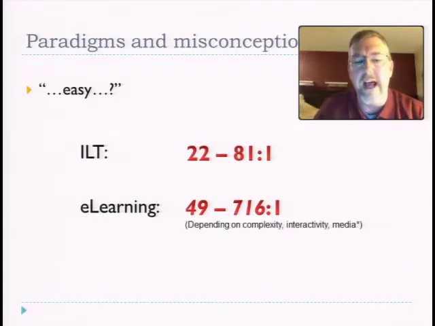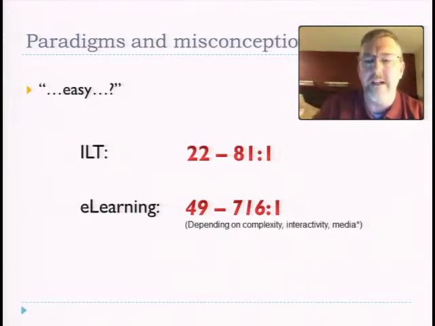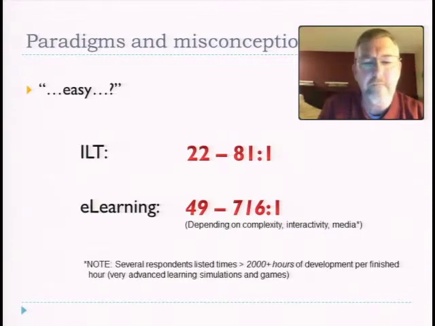E-learning is way more than that even. It takes about 49 hours to 716 hours to develop 1 hour of e-learning, depending again on the complexity, the interactivity, the media. The level of those kinds of things can greatly extend that up towards that 716 hours number.